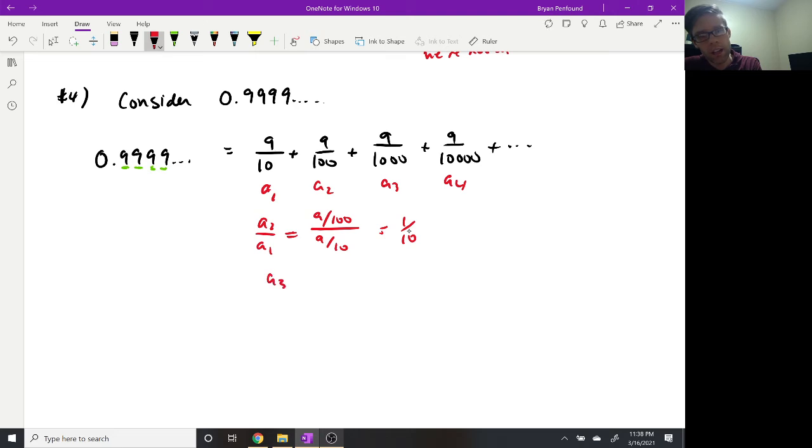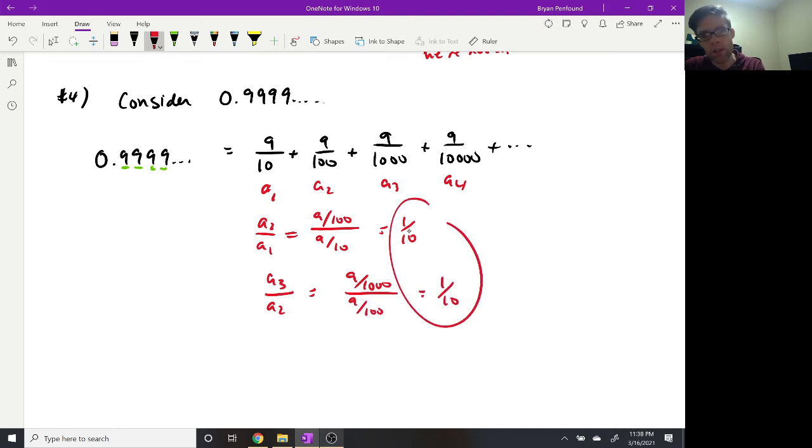Let's double check that the common ratio is satisfied here. If the next ratio we get is also 1/10, this is a geometric series. So A3, which is 9 thousandths, divided by 9 over 100, is also 1/10. So there's a common ratio.